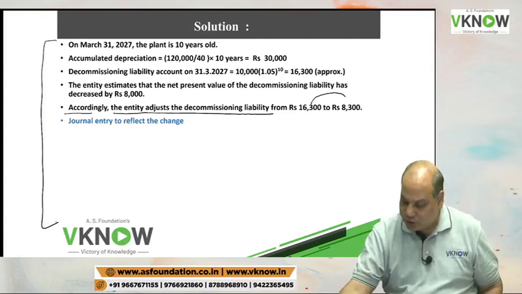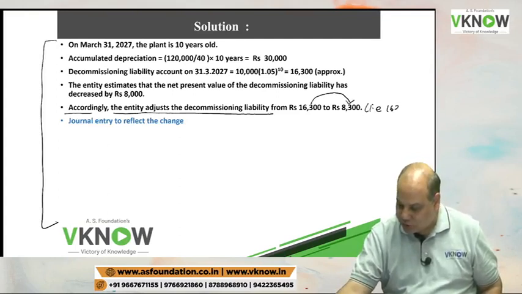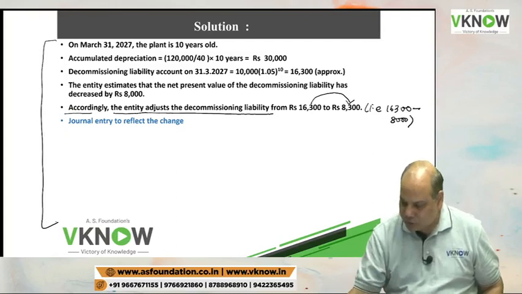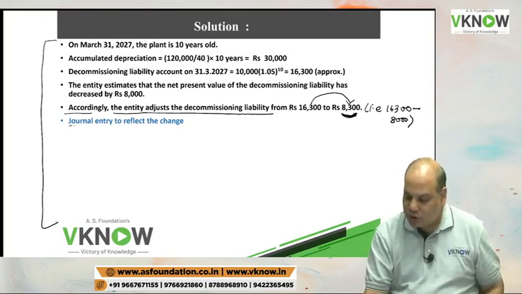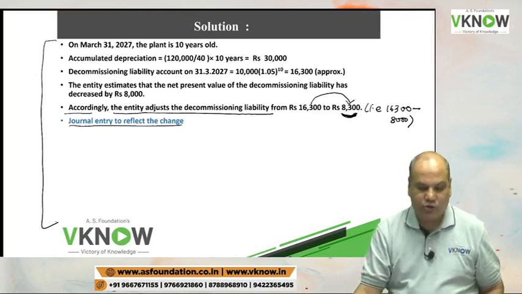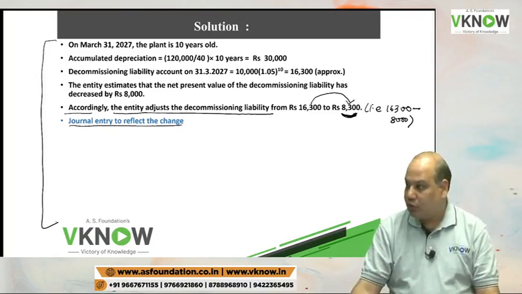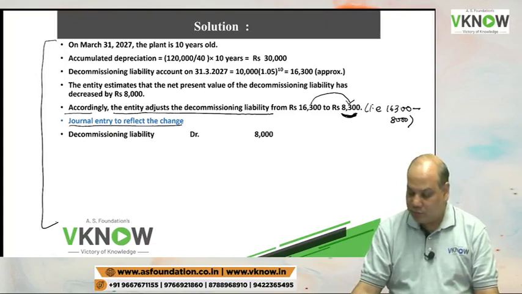Now, how has this 8,300 come? Those who want to, write in bracket 16,300 minus 8,000. So now the revised liability is 8,300. So the journal entry to reflect the change: what journal entry will we pass?